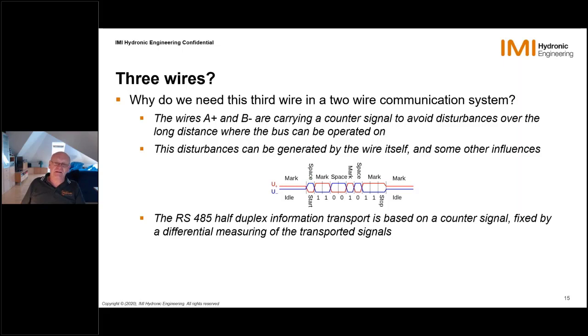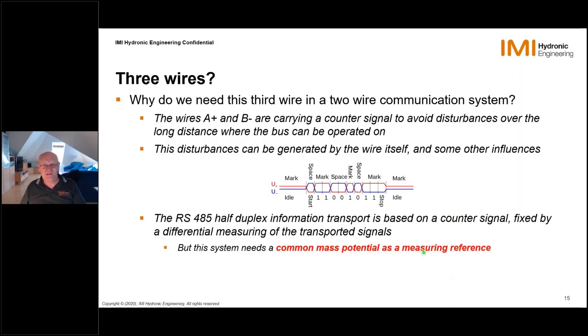And then the PC or the computer which is behind these things is calculating the difference of both signals, and then it can filter out: if there is not a minimum difference of x, then this is not a valid value, and it will be skipped. So it's always using this counter signal, and this is the common mass potential as a measuring reference.